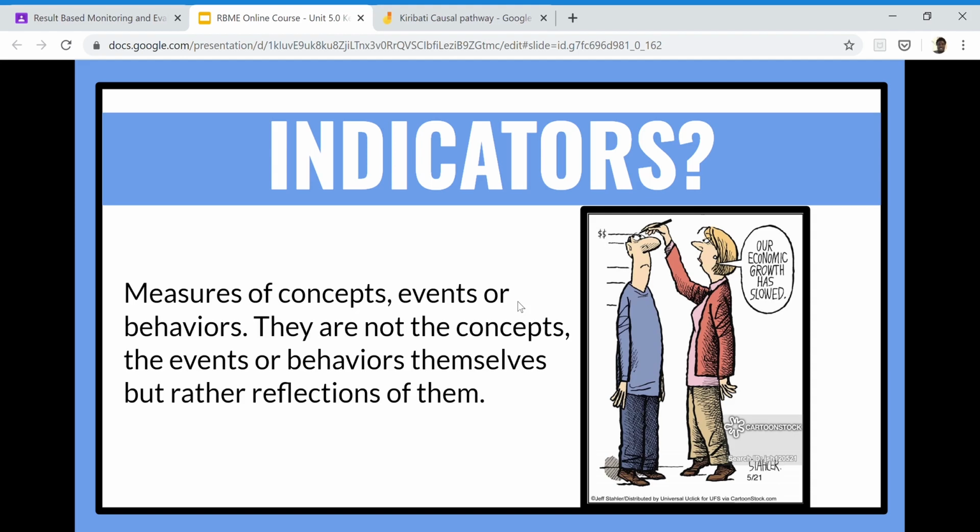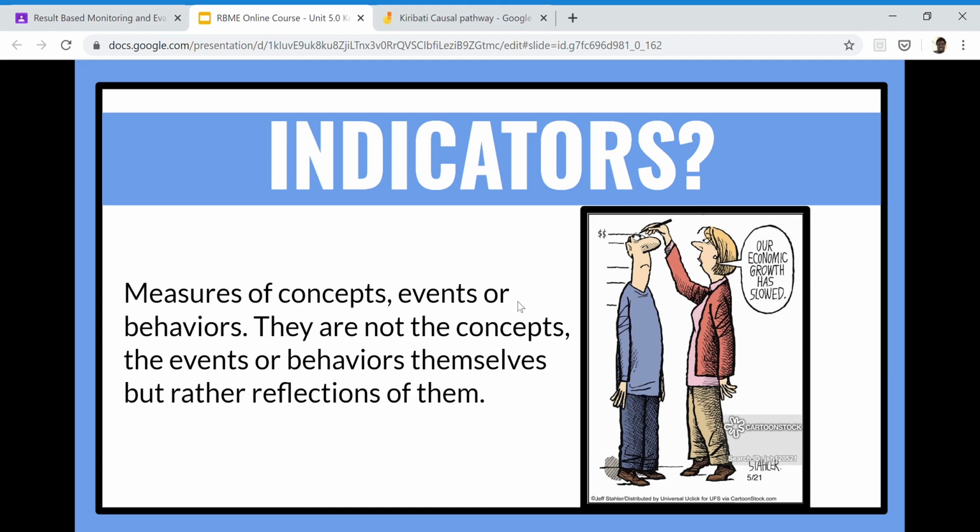You can also think about your outcome statement that we talked about in Unit 4. So it's a measure. Now you're measuring such outcome statements. So, increasing maternal mortality.